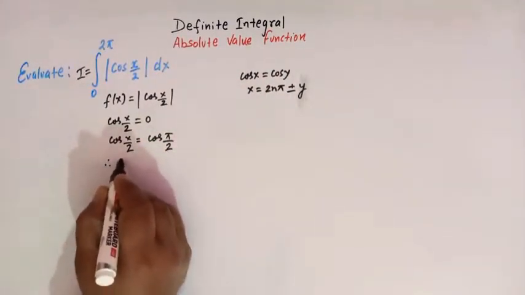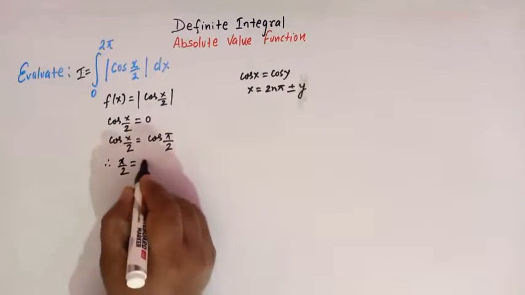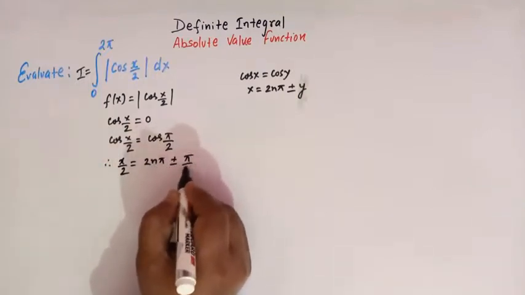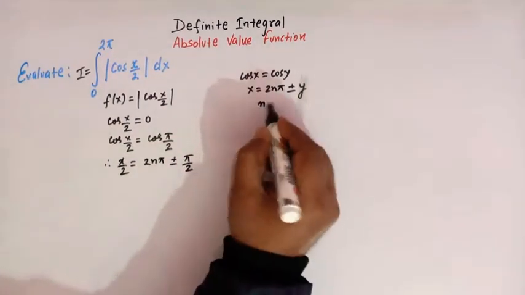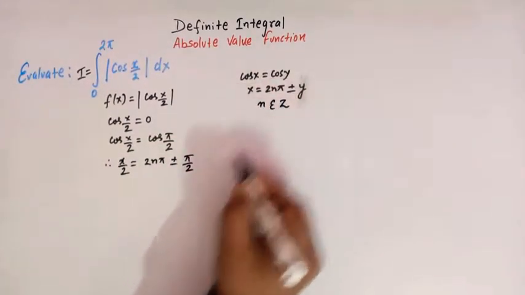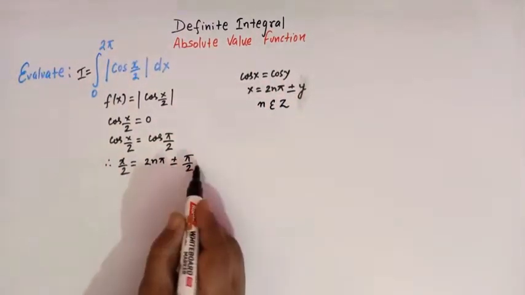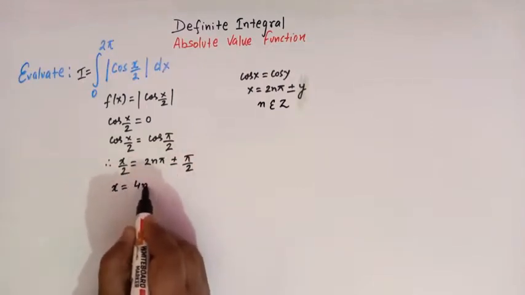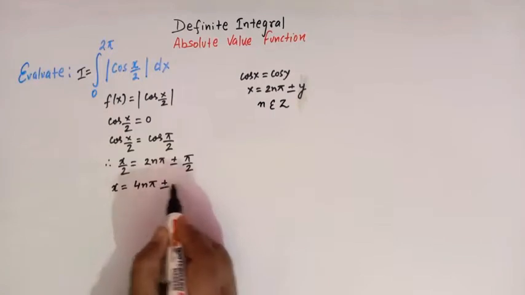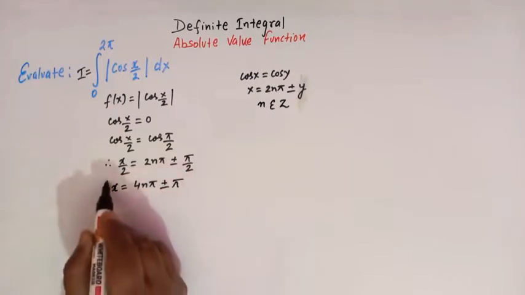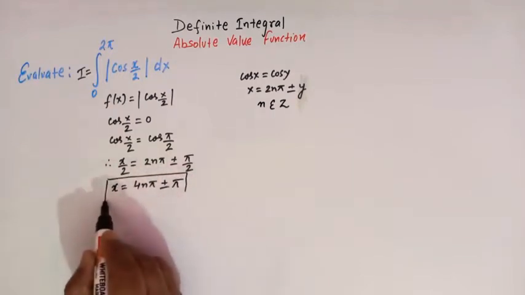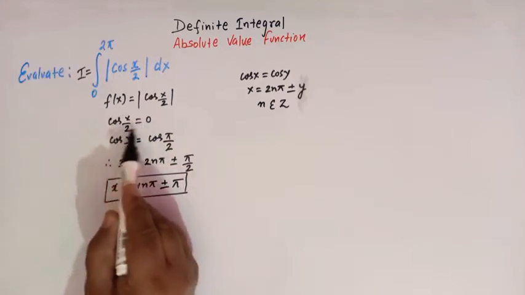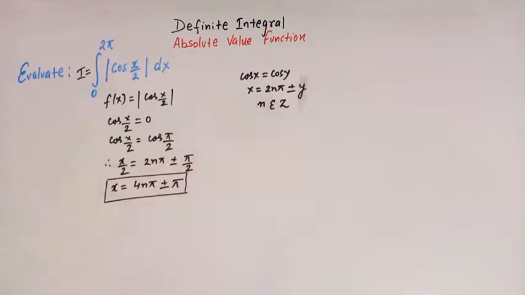Therefore we have x over 2 is equal to 2n pi plus minus pi over 2, where n is an integer. Multiplying throughout by 2, we have x is equal to 4n pi plus minus pi. This is the general solution of the equation cos x over 2 is equal to 0, where n is an integer.